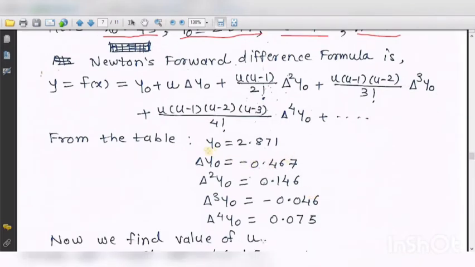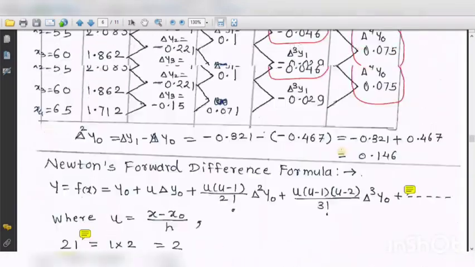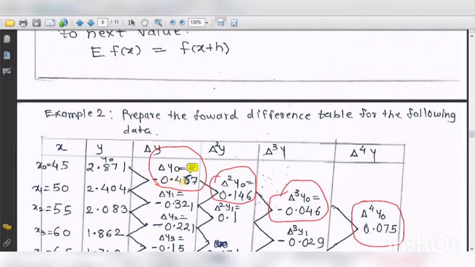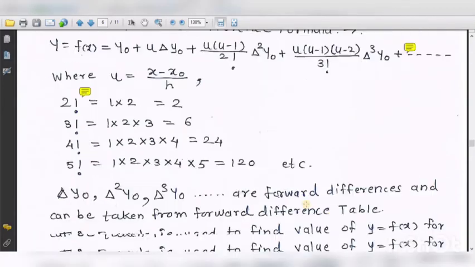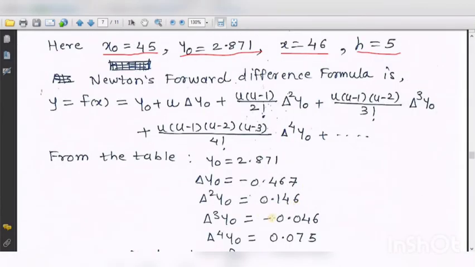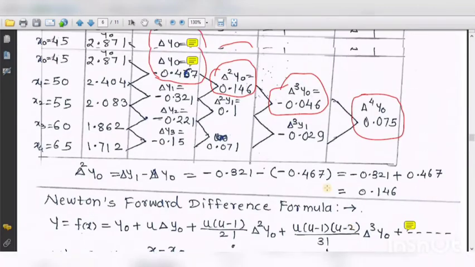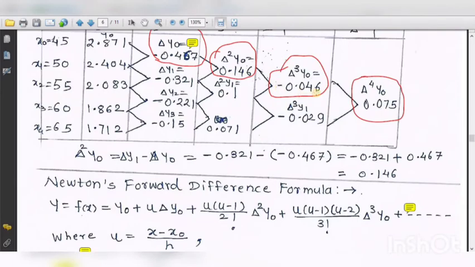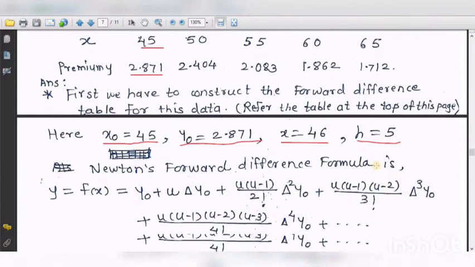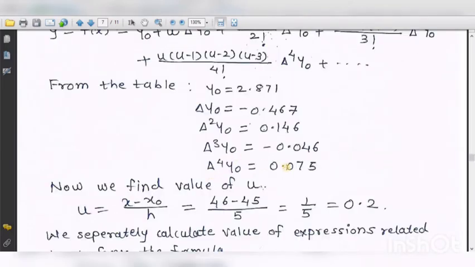As we have constructed the forward difference table, these are the values from the table, where y0 is 2.871, delta y0 is minus 0.467, delta square y0 is 0.146, delta cube y0 is minus 0.046, and delta raised to 4 y0 is 0.075. So all these values we have collected.